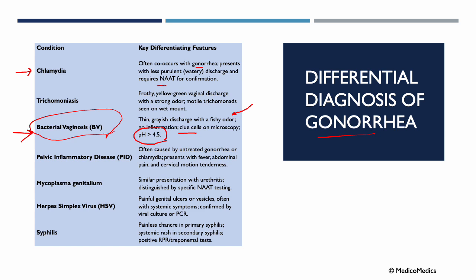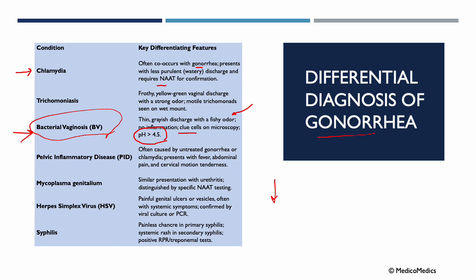Because if you've seen our lecture on bacterial vaginosis, you will know that in the normal vaginal flora in women, we have a pH between 3.5 and 4.5, and this is maintained by the presence of lactobacilli. However, for whatever reason, the balance has been disrupted.